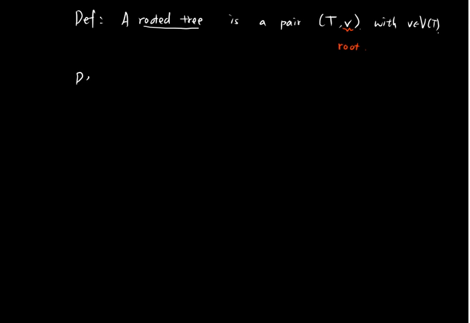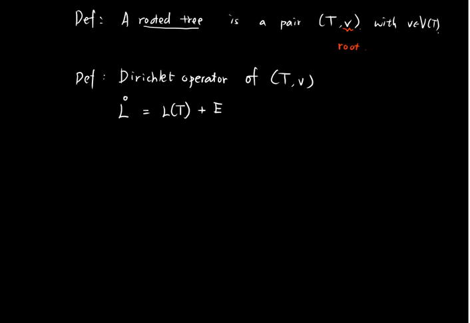And the second definition is the Dirichlet operator. And whenever we call something an operator in algebraic graph theory, we just mean a matrix. The Dirichlet operator of a rooted tree, we write that as L circle, and it is equal to the Laplacian matrix of T plus the matrix with the 1 at the VV entry.